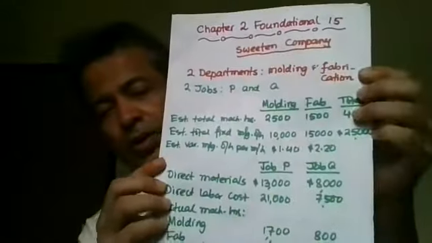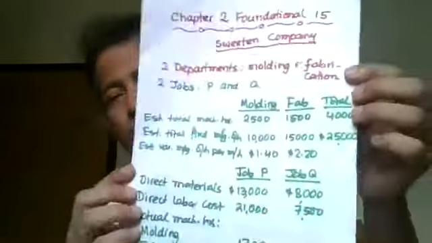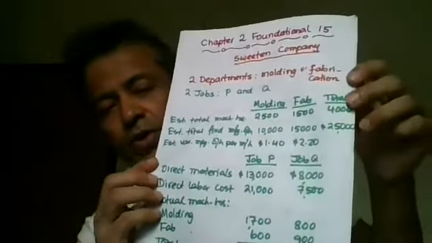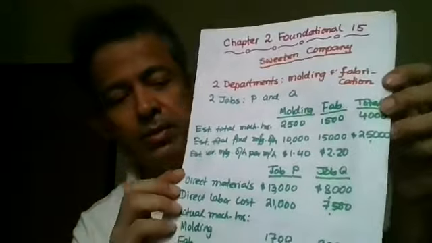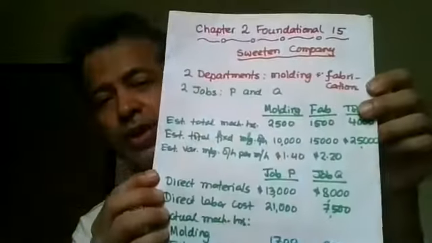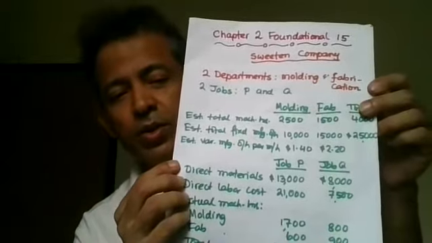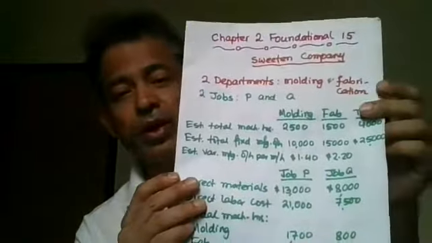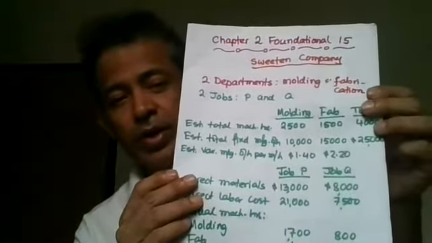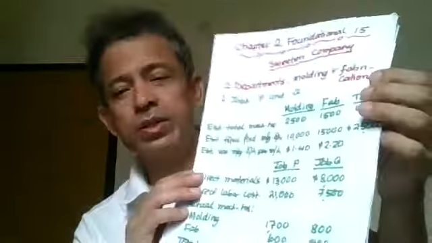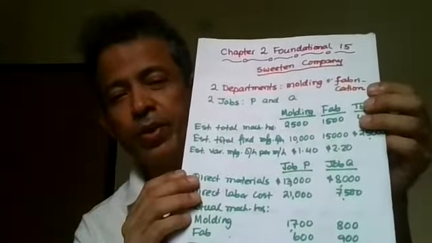Estimated total machine hours, 2,500 and 1,500, so a total of 4,000 hours. Estimated total fixed manufacturing overhead, $10,000 and $15,000, so making a total of 25. And estimated variable manufacturing overhead per machine hour for molding was $40, and for fabrication was $2.20.